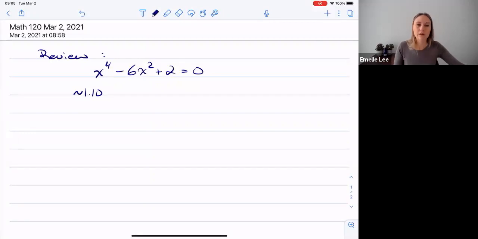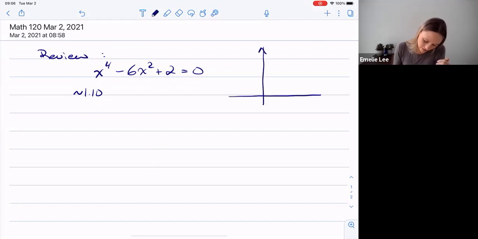Okay. So for this one, I won't get you to do one of these by hand. I would probably just use Desmos here, because what you need to remember is that if you want it to be equal to 0, let's think about this.